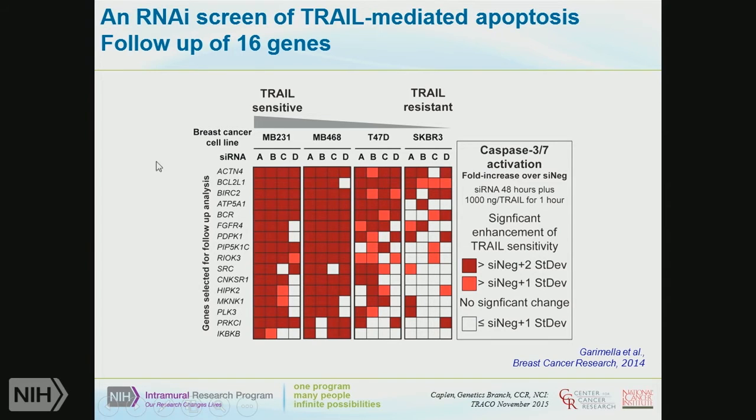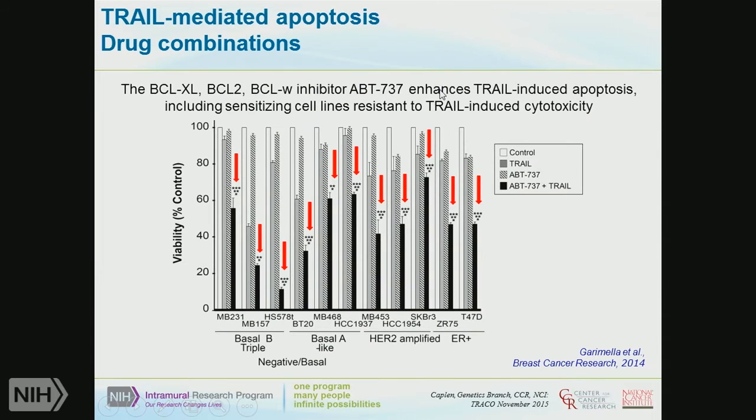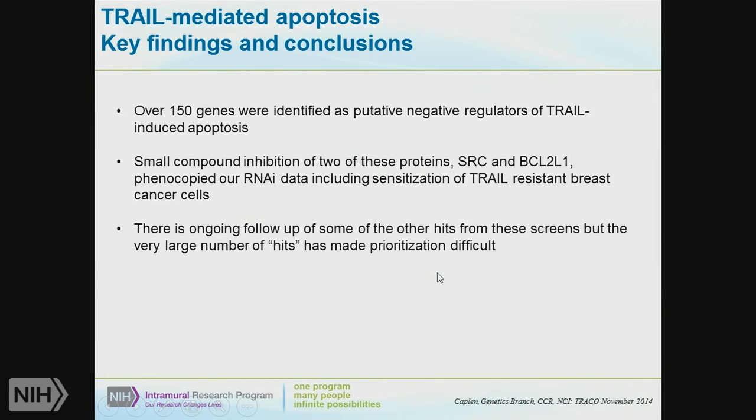In particular, by silencing this protein, ACTN4, we can turn what is a very resistant cell line into a TRAIL-sensitive line. And we can now mimic some of these effects with drug combinations as well.